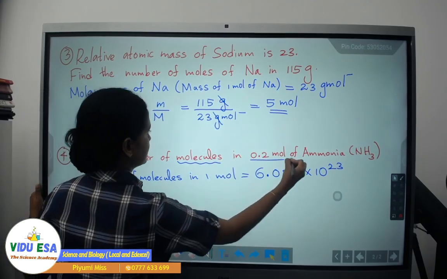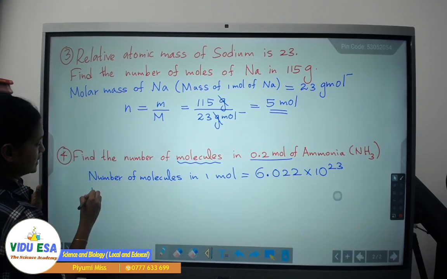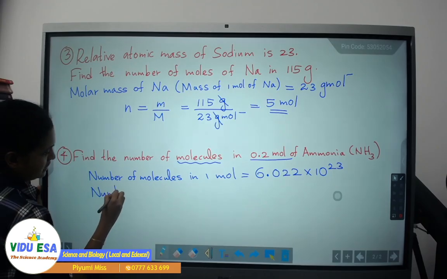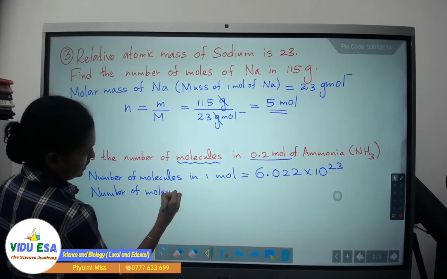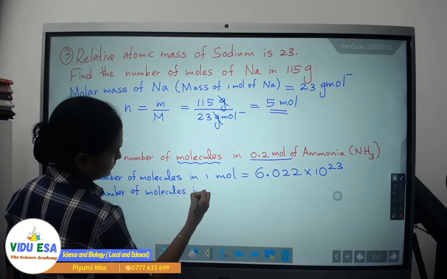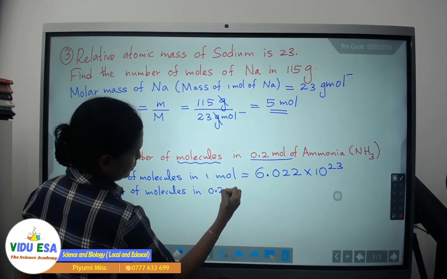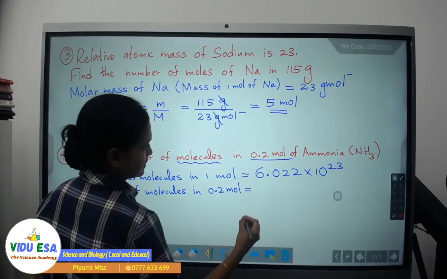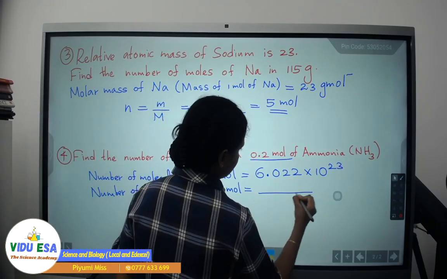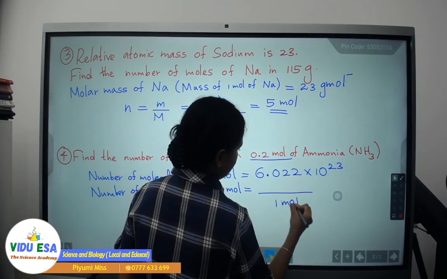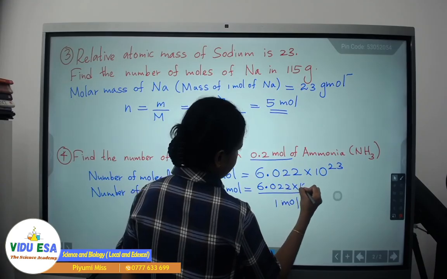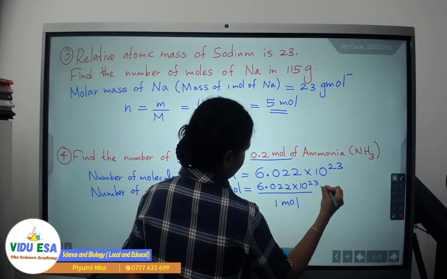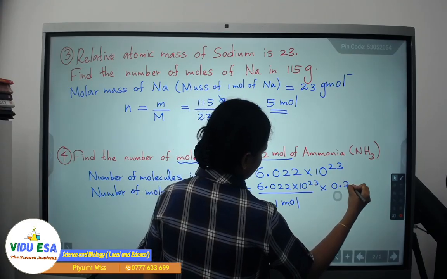Here it says 0.2 moles. And now we'll write number of molecules in 0.2 moles. So you can write it like this. In 1 mole, this much of molecules are there. Therefore, what about 0.2 mole?